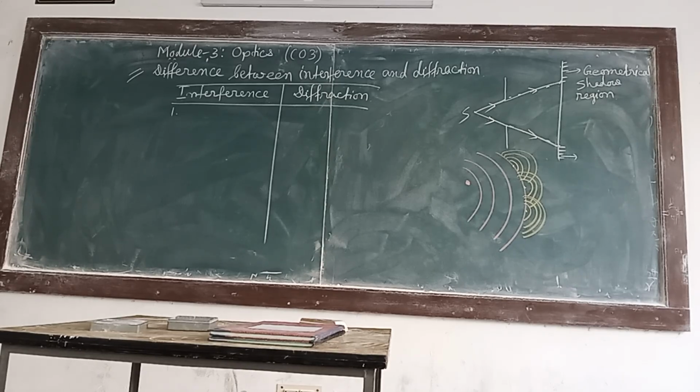Number 2. In interference, the regions of minimum intensity are perfectly dark.